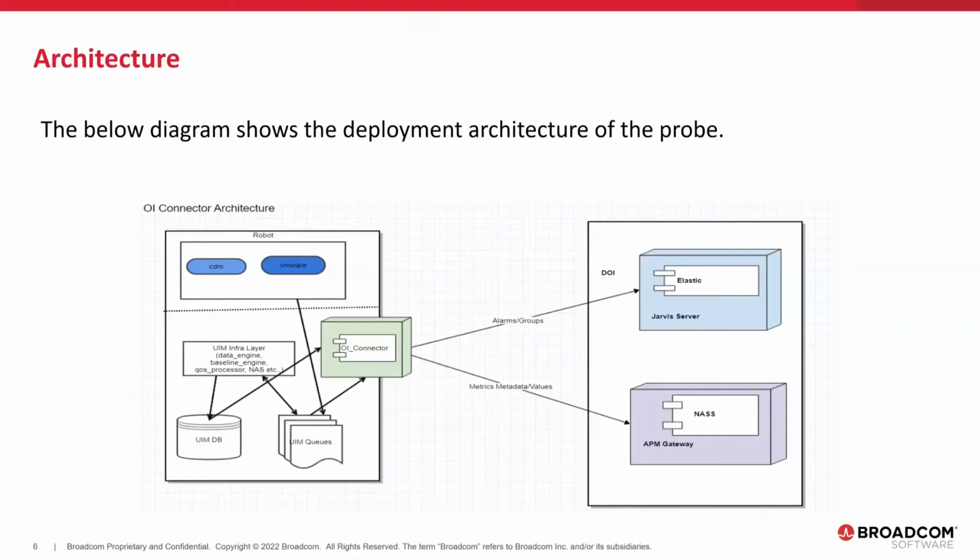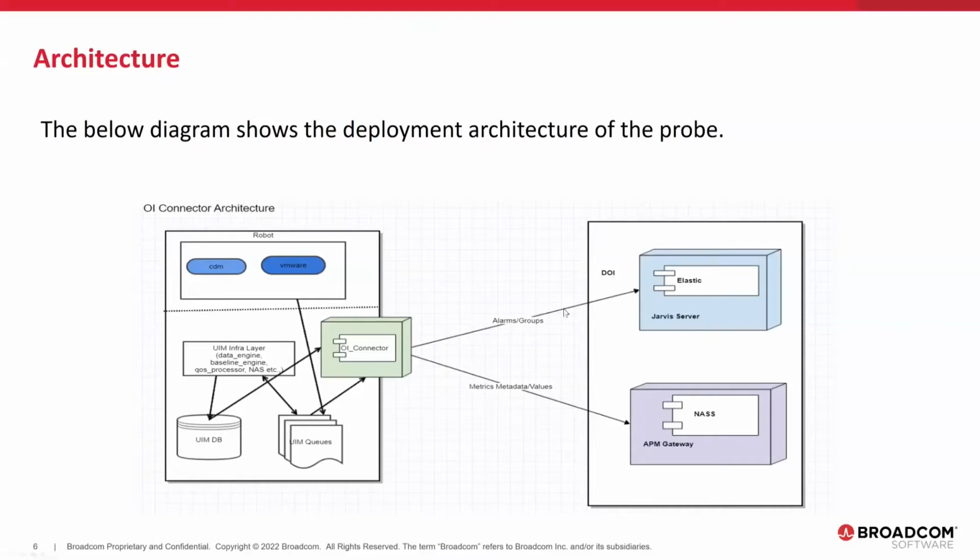As you can see, it reads data from the queue as well as from the UIM DB, and then it sends the enriched alarm or metric related info to OI.